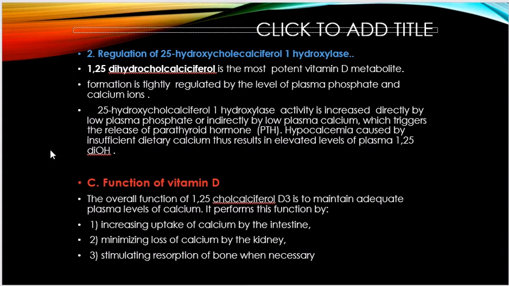The activity of this enzyme, 25-hydroxycholecalciferol 1-hydroxylase, is increased directly by low plasma phosphate level or indirectly by low plasma calcium, which triggers the release of parathyroid hormone. Hypocalcemia caused by insufficient dietary calcium results in an elevated level of plasma 1,25-dihydroxycholecalciferol.